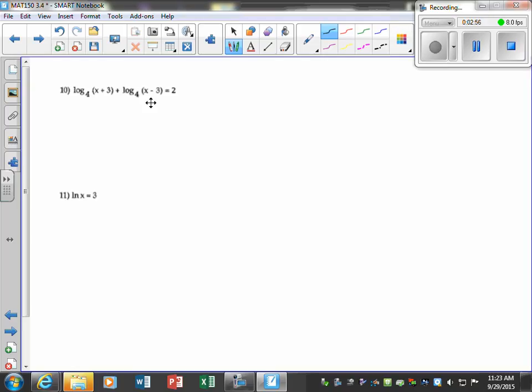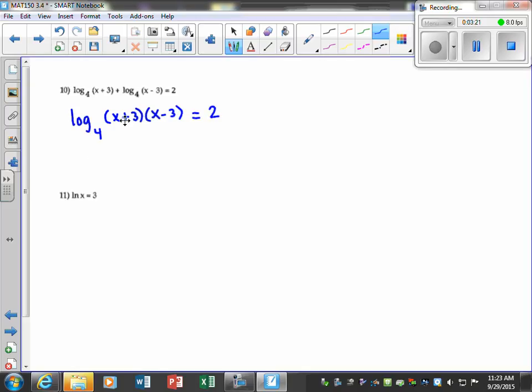We can condense using our properties because this is the same base, log base 4, log base 4, and since it's addition, we can rewrite these as multiplication. So I keep the same log base, and this can be rewritten as x plus 3 times x minus 3 is equal to 2.